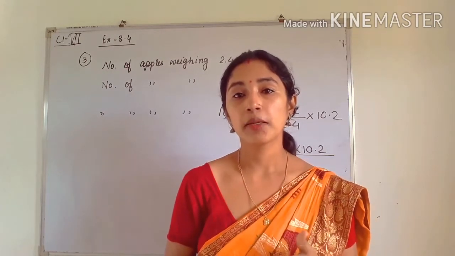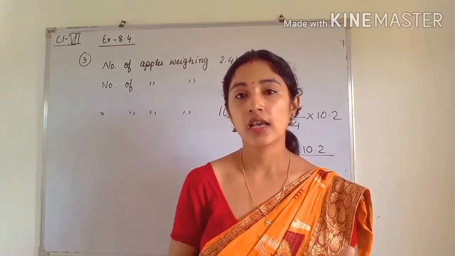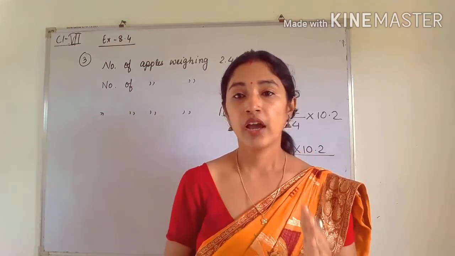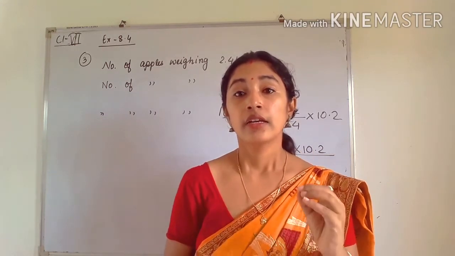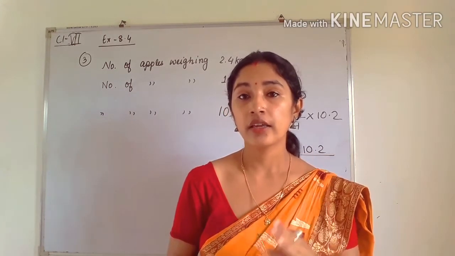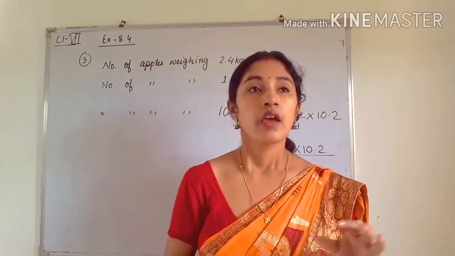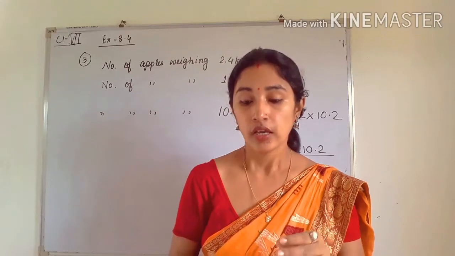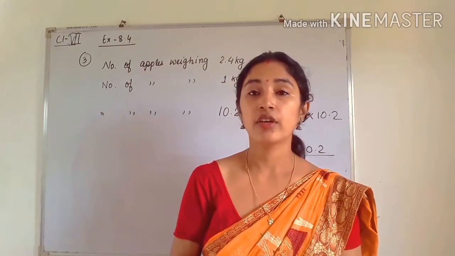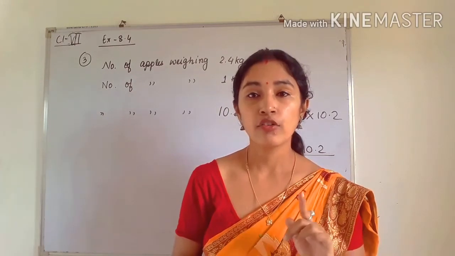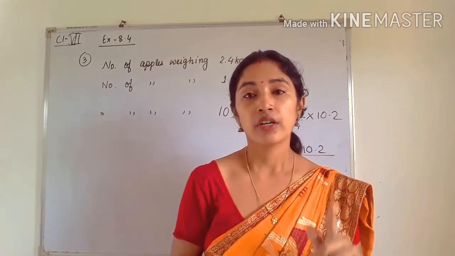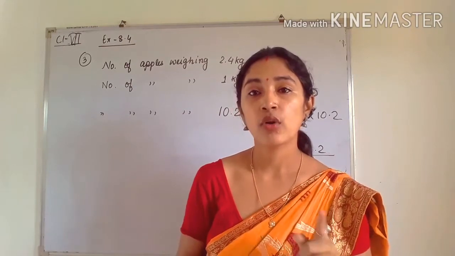And one more thing, remember: in the last exercise, that is in proportion also, we have done the same thing. We have written one sentence, that is, taking the same rate. That means every time we are taking the same rate. Here also similarly we have to take the weight of every apple to be equal. That means the weight of each apple is the same.